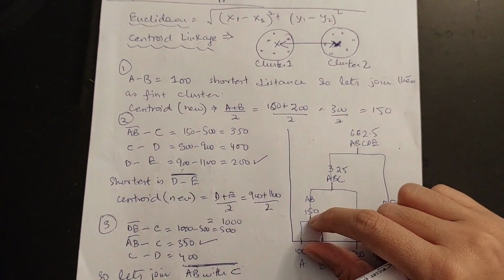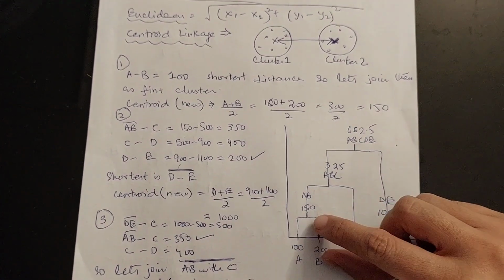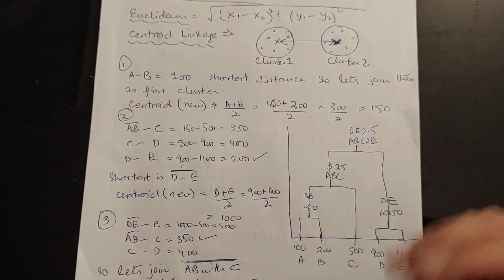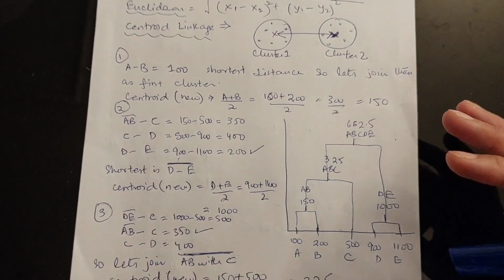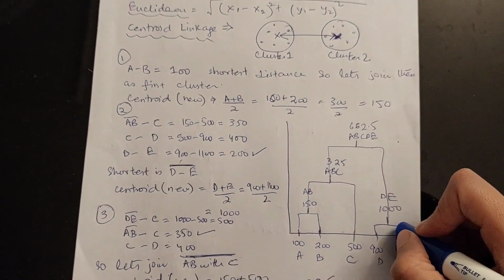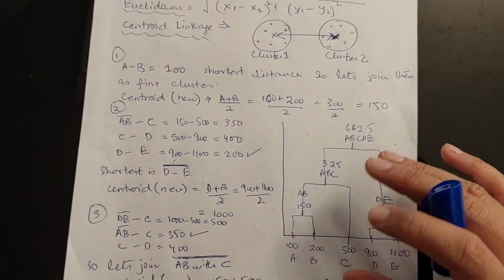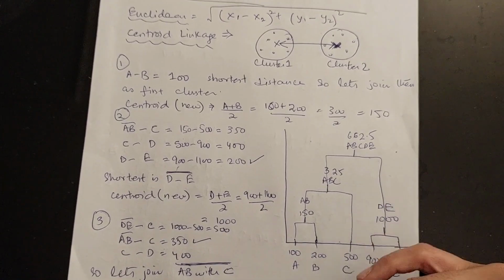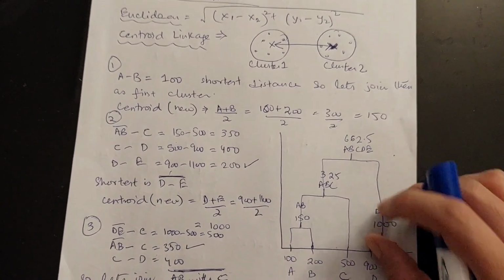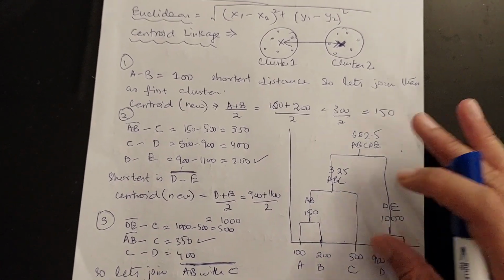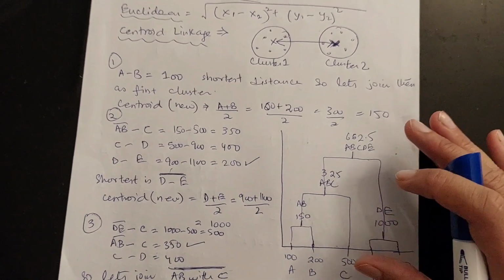We calculated their centroid, and then we found out that the next shortest distance or the closest values are these two. You always make the decision of joining two data points into a cluster on the basis of their distances. Whichever distance is shortest, you join it first.